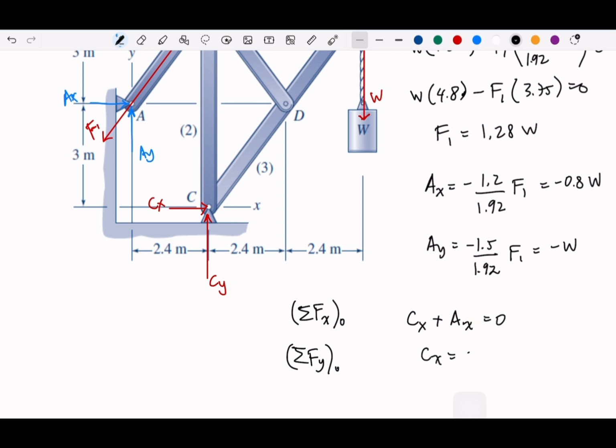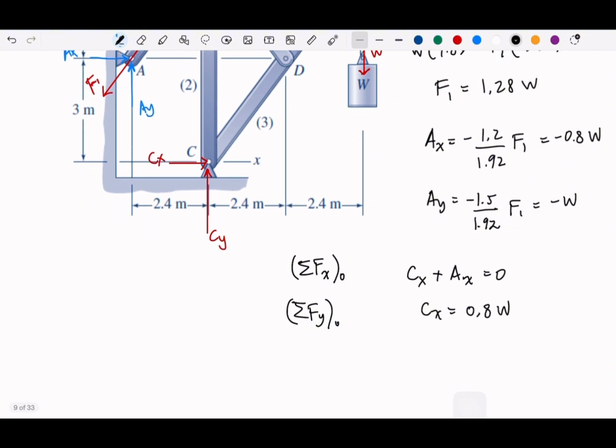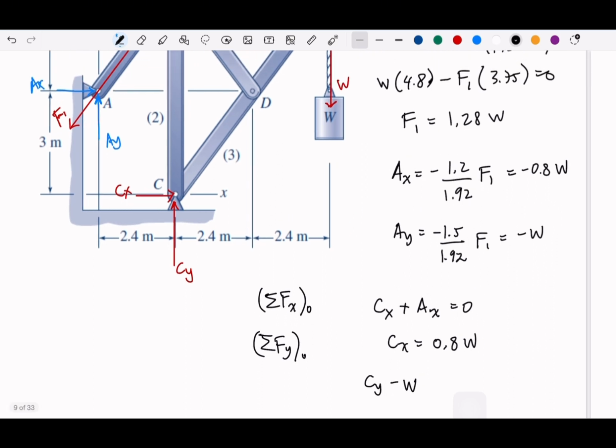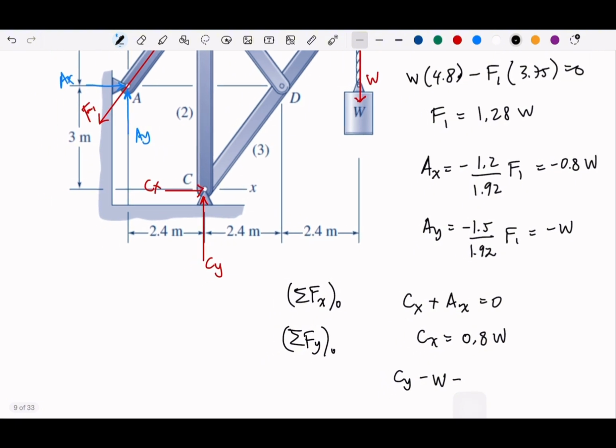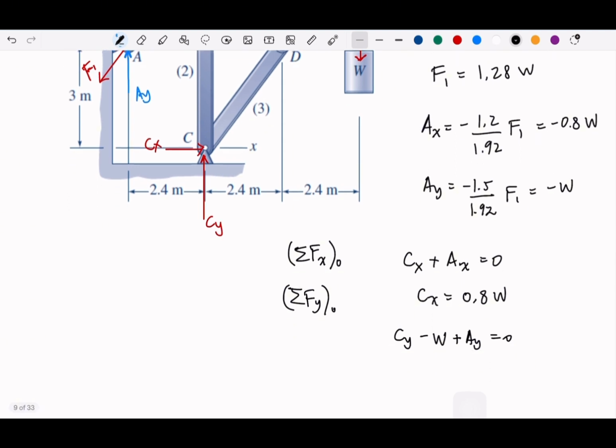So CX will be 0.8 W. And for the vertical, CY minus the AY, or plus AY, equals 0. So CY is 2W. Okay.